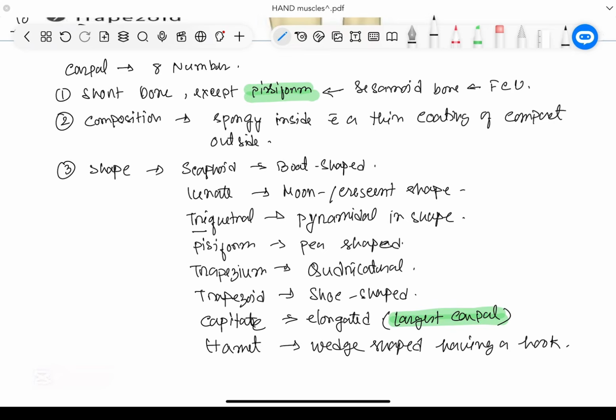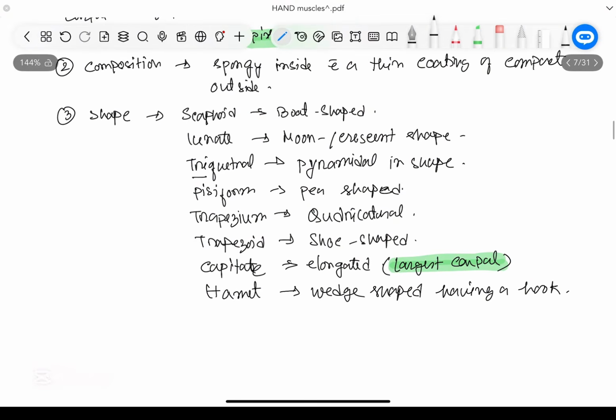Okay. Now, if we see all these bones, some questions clinically also we can ask you, like the largest carpal. Already we know the answer should be capitate.